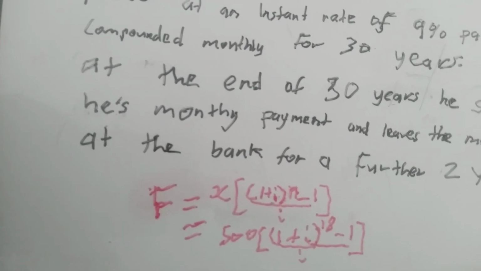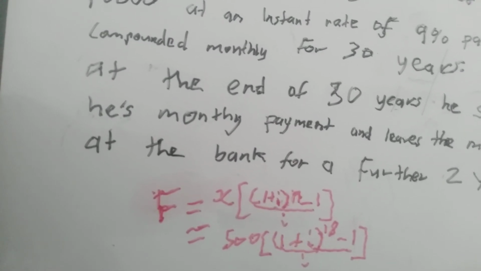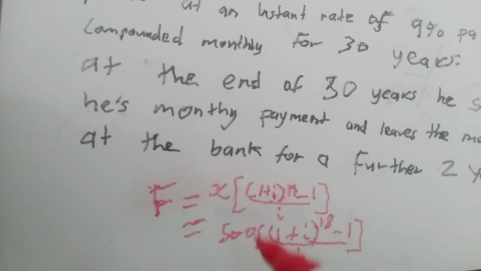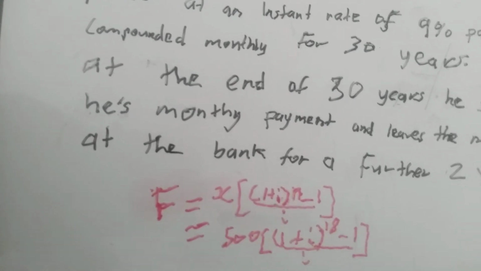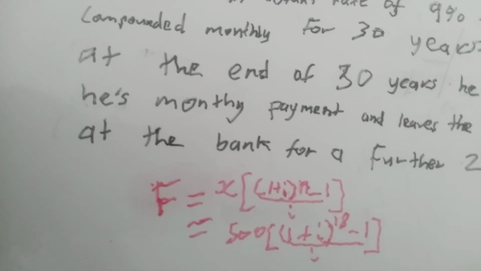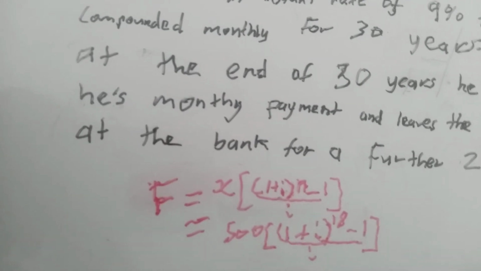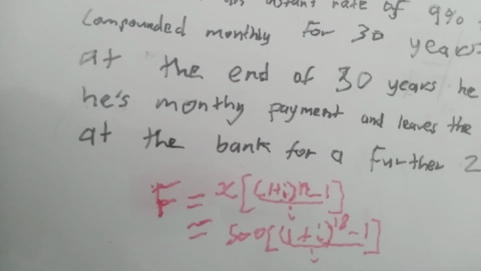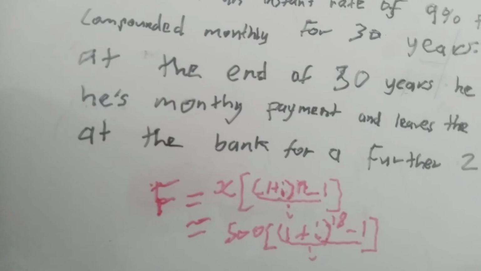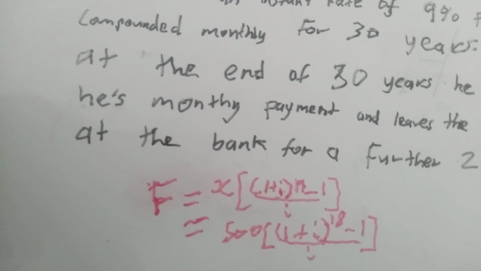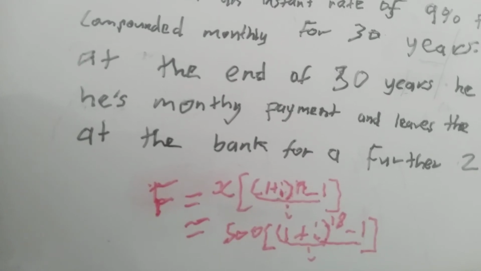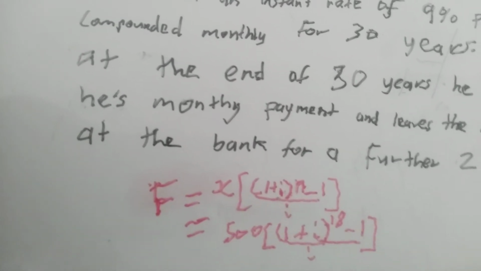So we have to use the future value for that period. The future value was used for the part where the person has been paying consistently. Now that the person ended early, no more money is dropped in the bank. The money is just there in the bank. He's not adding any cash.